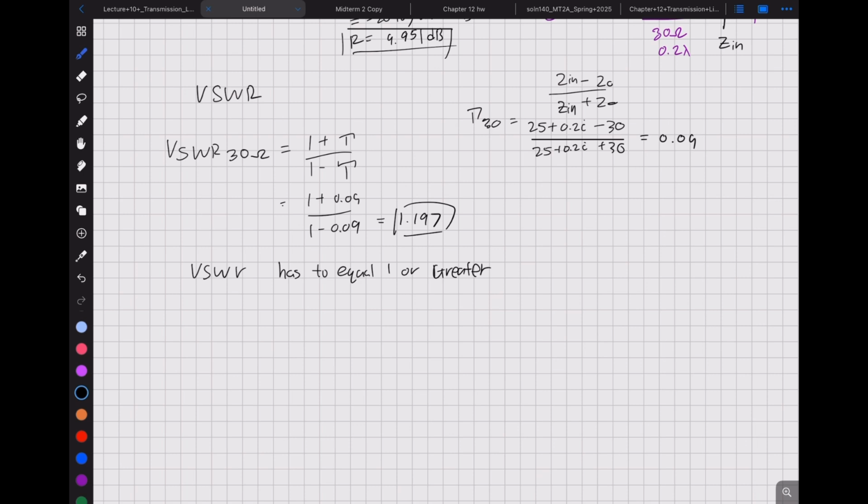So if there's a higher VSWR, it means the impedances are not matched very well, and there will be a lower return loss.